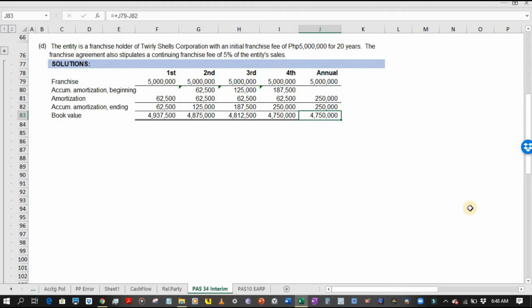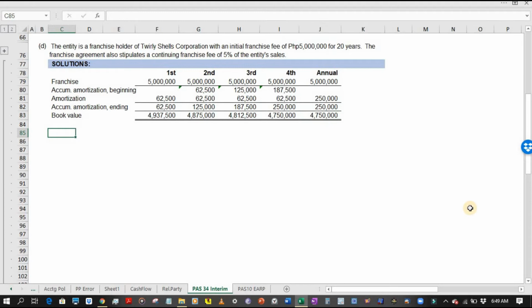Basically, cause and effect follows the matching principle. So if the cost has been recorded in a particular quarter, the effect should also be recorded in that quarter. And since the continuing franchise fee is based on sales, you need to determine the amount of sales recognized in each quarter, because that will be the basis of the 5% continuing franchise fee.